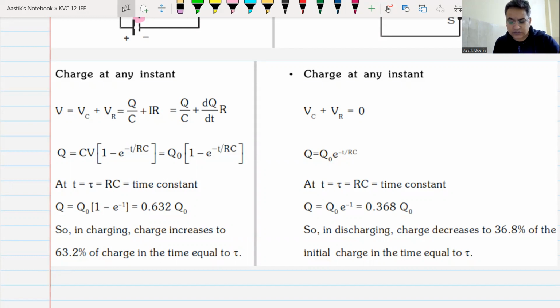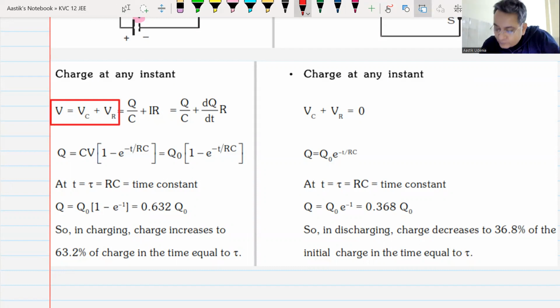To find out the charge or the potential difference, listen to me very carefully. I've already given you all these things. Here everything is put in this. The total potential drop, or the potential of the battery, will be equal to Vc plus Vr. Do we understand this? And in this case there is no battery, so Vc plus Vr is equal to 0.